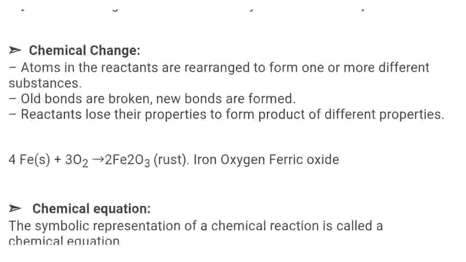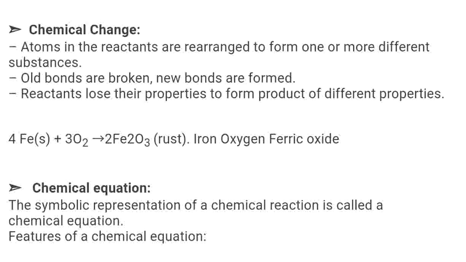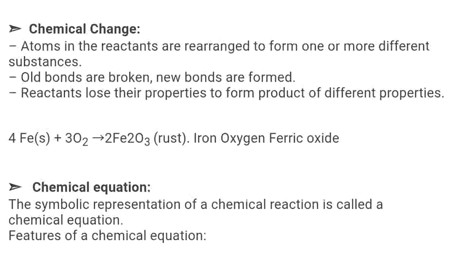Next one is chemical change. A chemical change is a change in which the chemical composition of a substance changes. For example, if we burn a piece of paper, then the chemical composition of the paper changes.